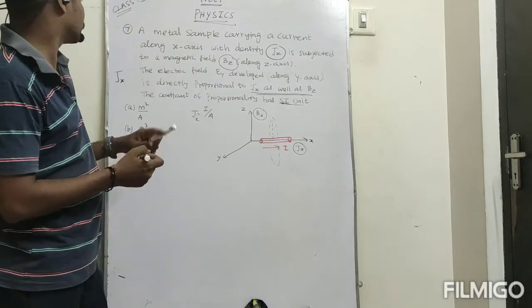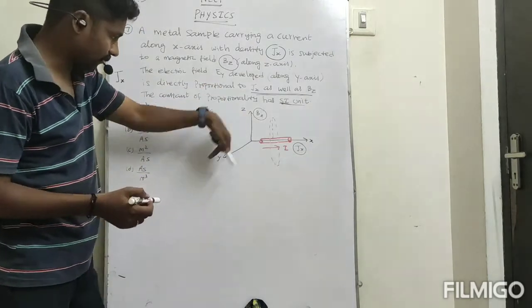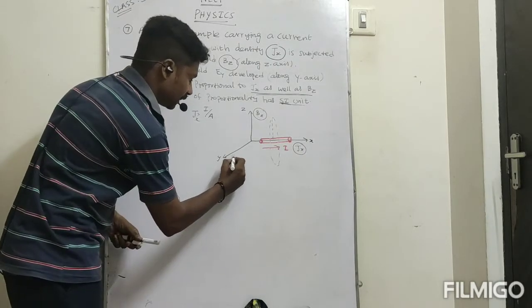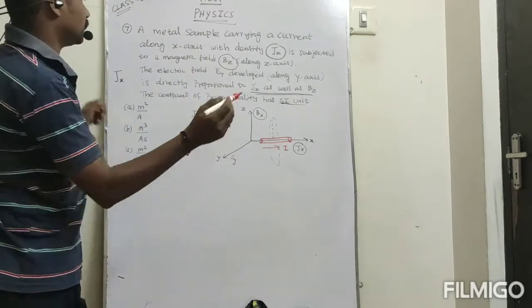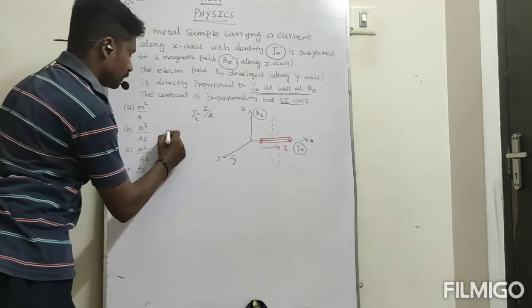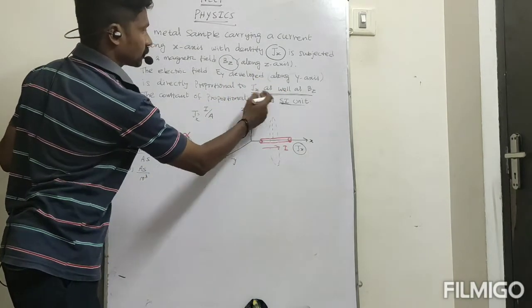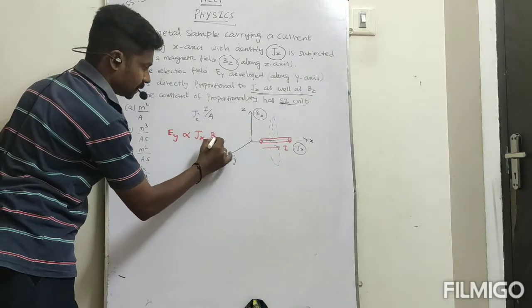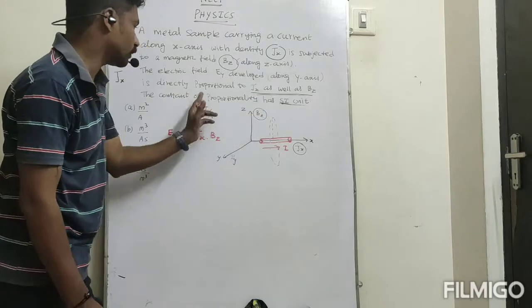Then the electric field Ey is developed along the y-axis. Please listen carefully. That developing electric field is directly proportional to Jx and Bz. Therefore they are asking for the unit of one constant.